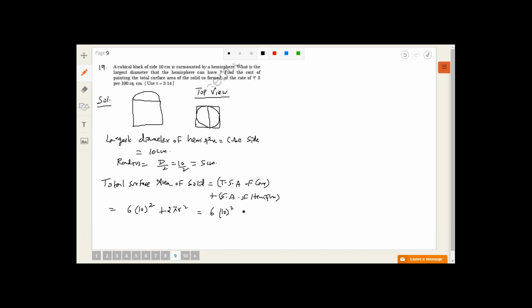So 6 into 10 square plus 2 pi into 5 square. So this is nothing but 6 into 100 plus 50 pi.